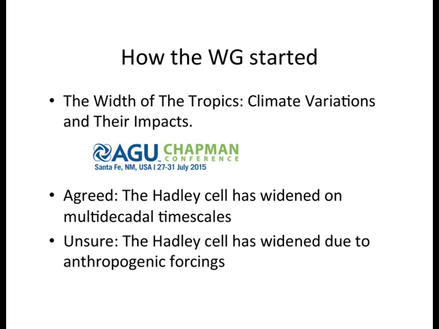Later, Dian Seidel with Sean Davis, Thomas Birner, and Lorenzo Polvani convened a Chapman conference in Santa Fe dealing with the width of the tropics, including the climate variations and their impacts. In spite of years of work documenting and diagnosing the widening of the tropics, when a science writer in attendance asked us all, "Can you say for sure that the tropics have widened because of global warming?" they were basically met with crickets.